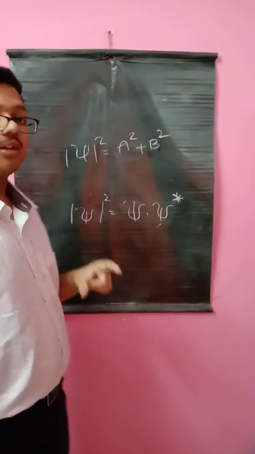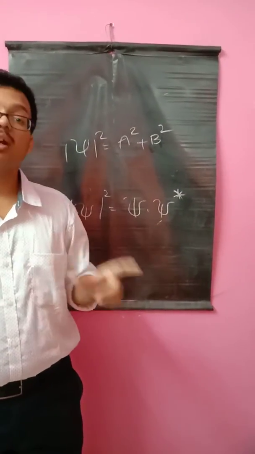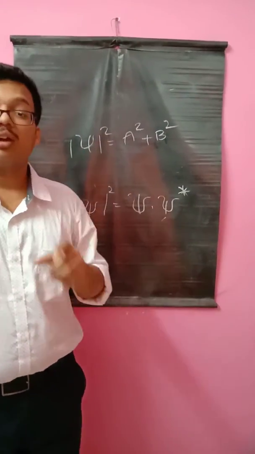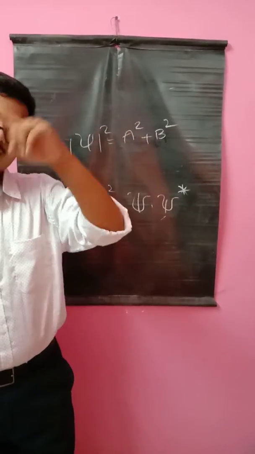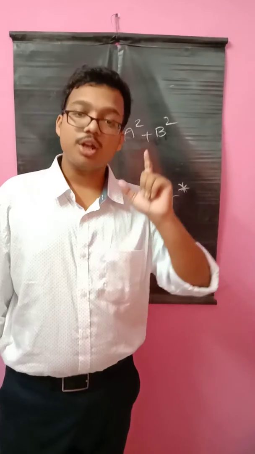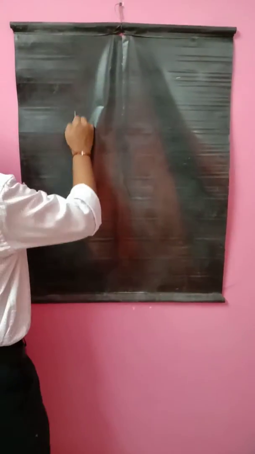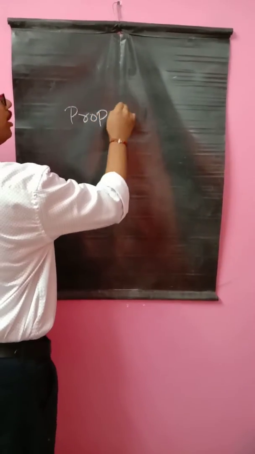Psi is positive and negative with respect to the distance. But in the case of psi square, the curve is only above the x-axis, which means it is always positive. It shows the probability of finding an electron per unit length. Now let's discuss the properties of psi. What are the properties of psi?